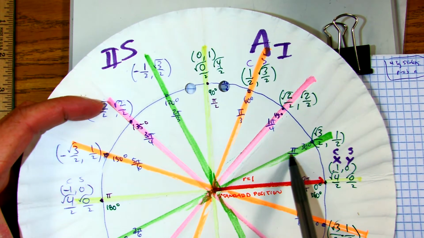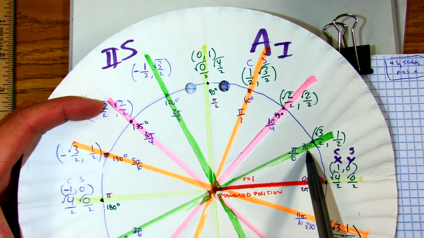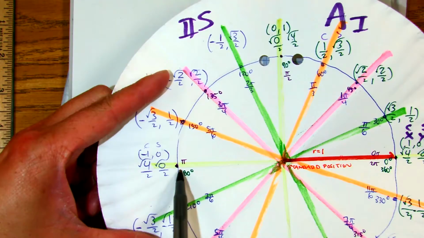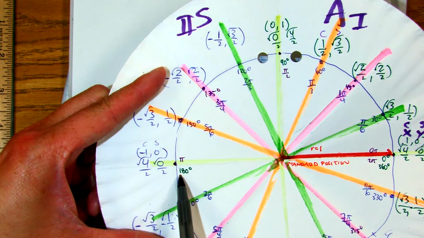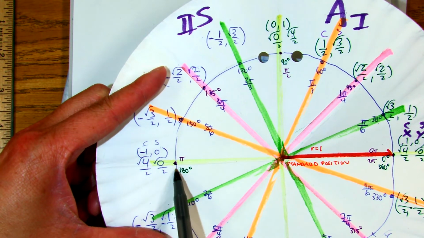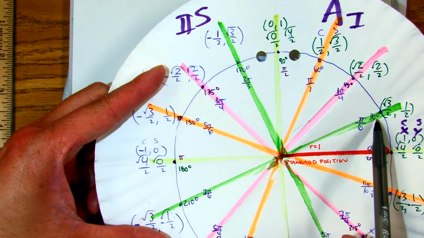Its equivalent is what, class? 30 degrees. Okay, let's just say you don't have your trig paper plate. Remember, π is 180 degrees. That's half of a circle, half of a rotation. So 180 divided by 6 is how much? 30. Did you guys see that?